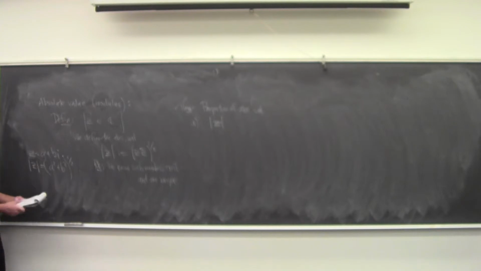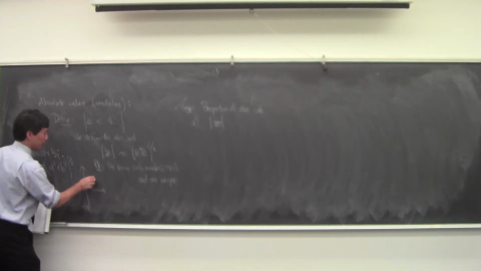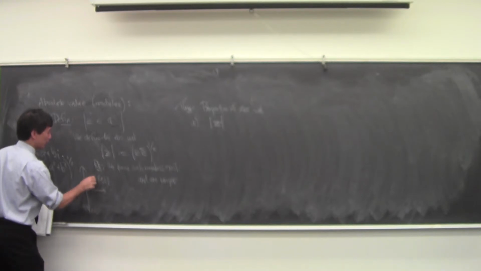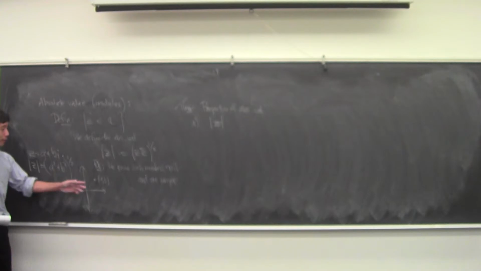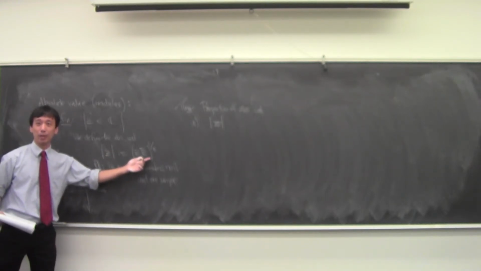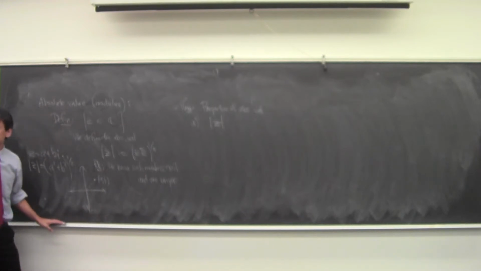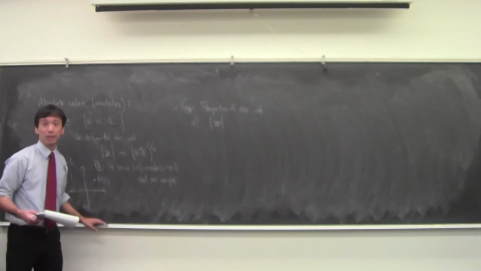This is the distance to the origin of that point. If this point is a comma b, the distance to the origin is a squared plus b squared to the 1/2. That's the same thing as z times z bar to the 1/2. So there's a geometric meaning to this magnitude.